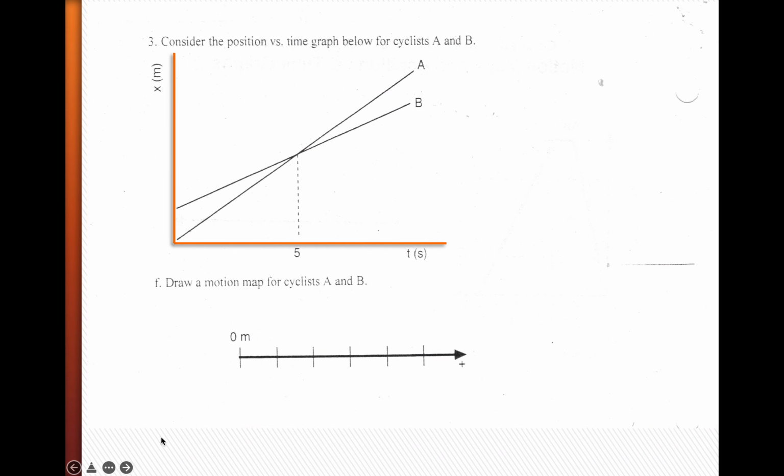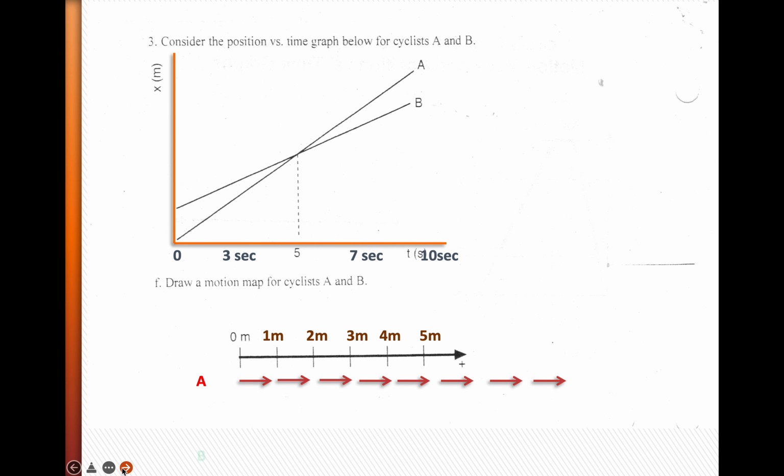So these are things we're going to look at with the runners and so forth for cyclists A and B. Drawing a motion map for both of those, for cyclist A starting at 0 meters. Cyclist B going a bit slower. I would move this to the right a little bit because it looks like it starts above 0.